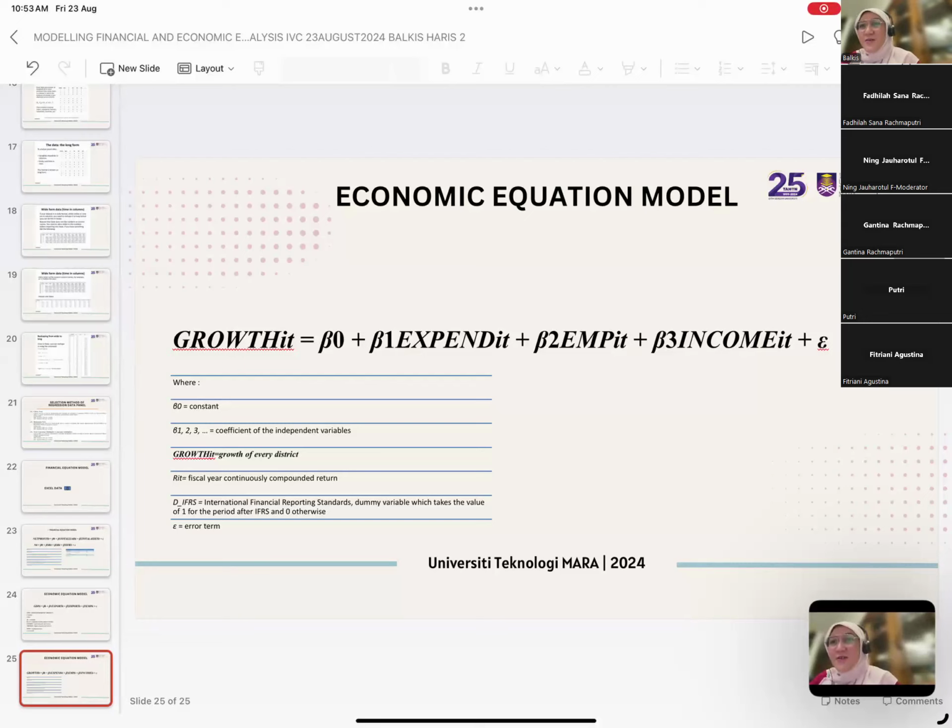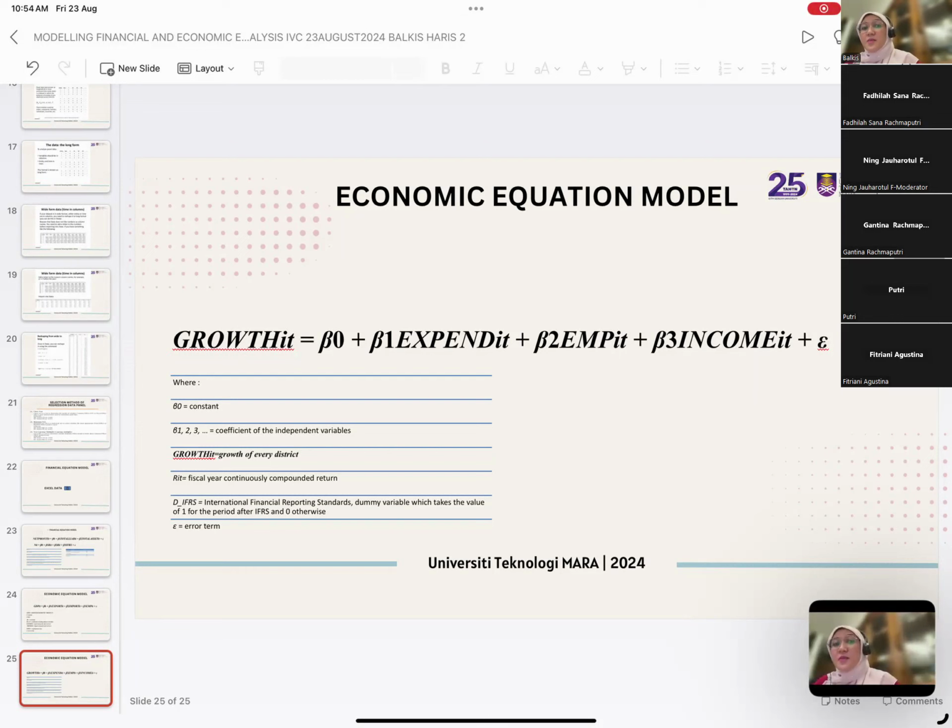Correct. We have to make sure that all the assumptions are met. Then only we can do further on the panel data. If, let's say, heteroscedasticity, all those things, we have to make sure that all the assumptions are met. Then only we use the Hausman test, the Chow test, and another one, the Lagrange multiplier.